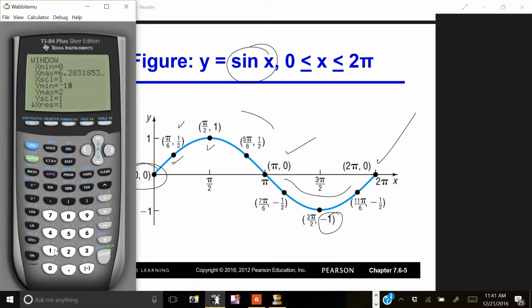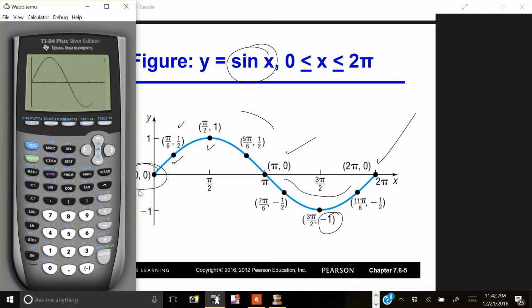Notice the function never gets below -1 and never goes above +1. So this should give us exactly 1 period. The other thing to be careful about is to make sure you're in the radian mode if we're talking about radians for the angle. In this case, we are in the radian mode. And now we can graph it.